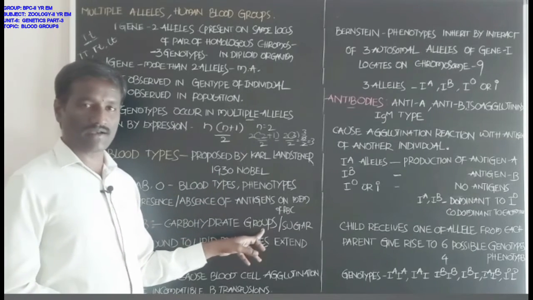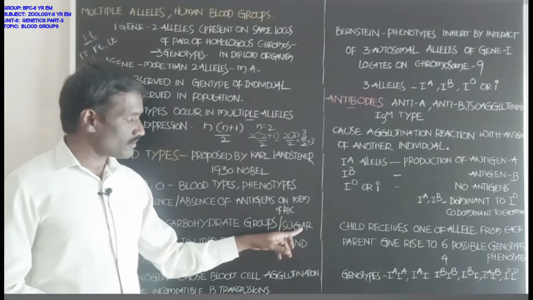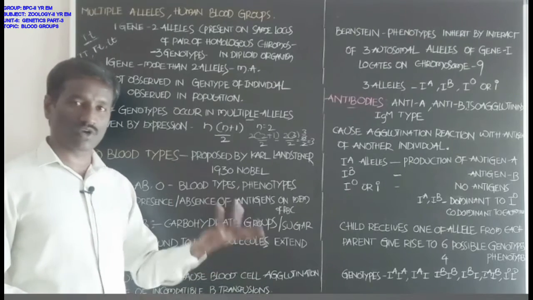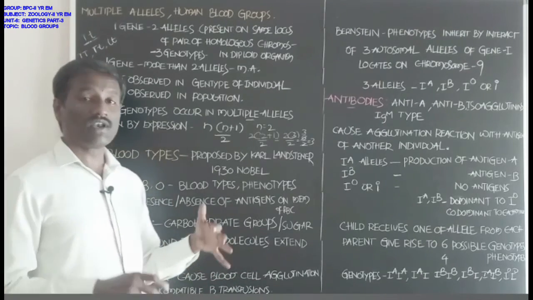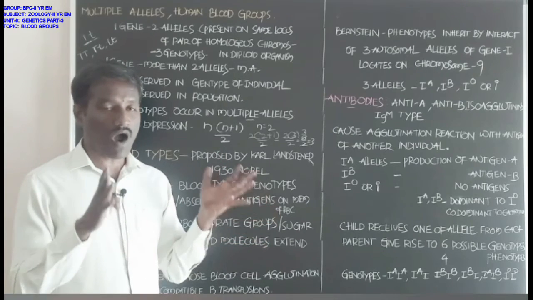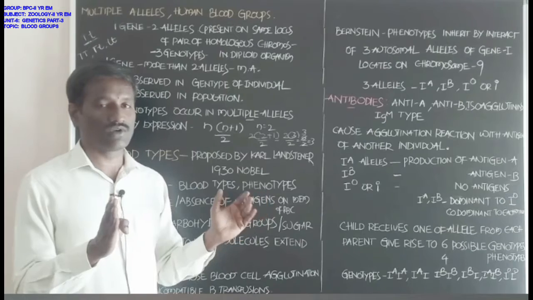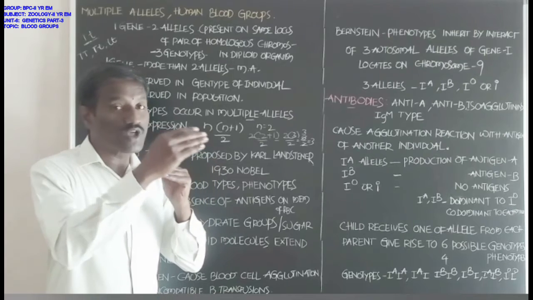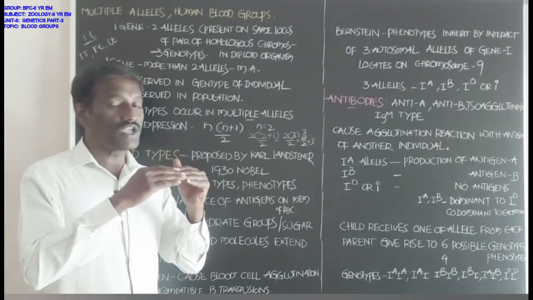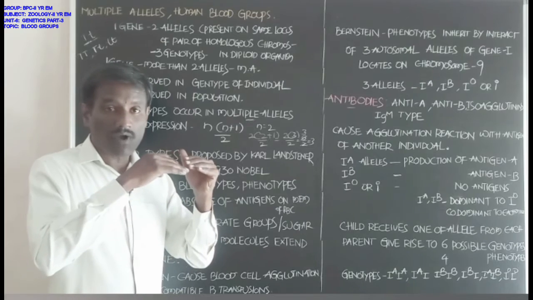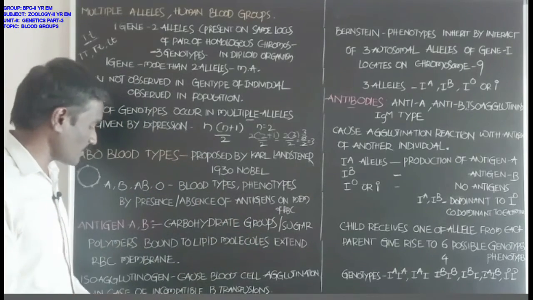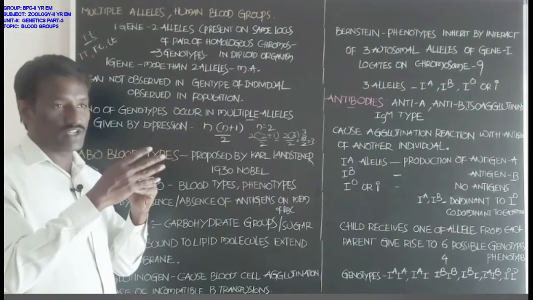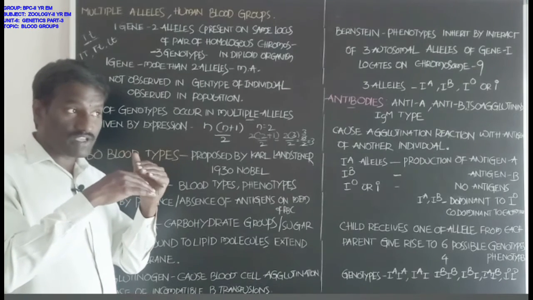Antigens are carbohydrate groups or sugar polymers, bonded to the lipid molecules present on the membrane of the RBC, and they slightly extend to the outside from the membrane, exposed on the surface of the red blood cell.